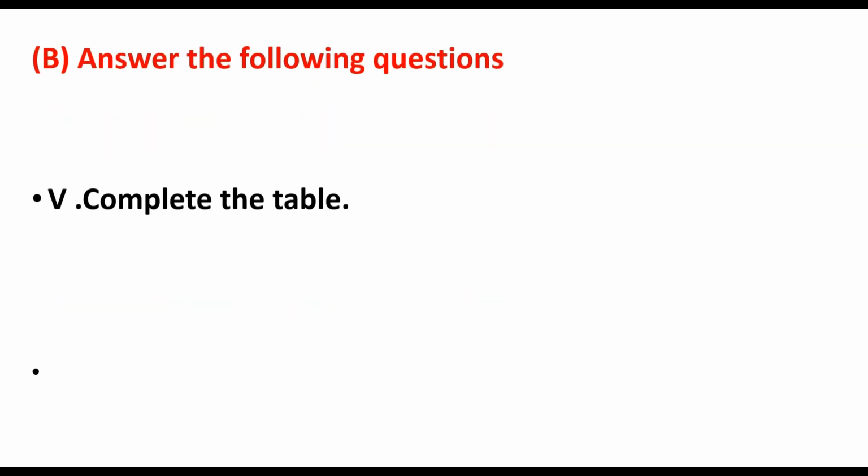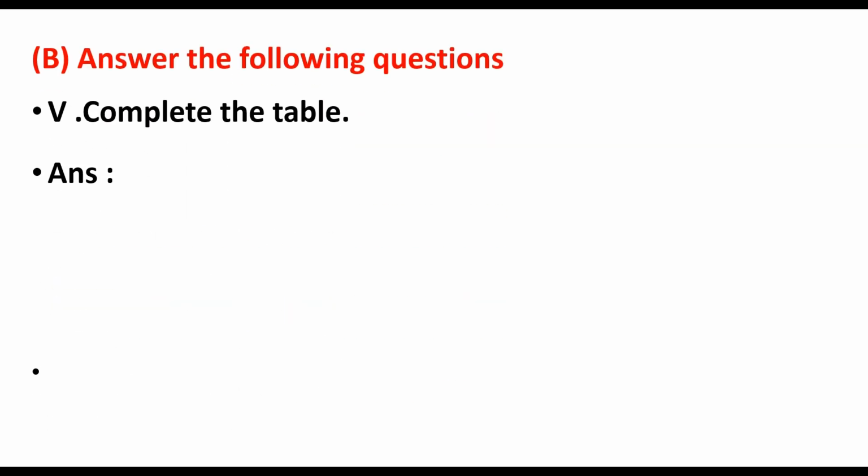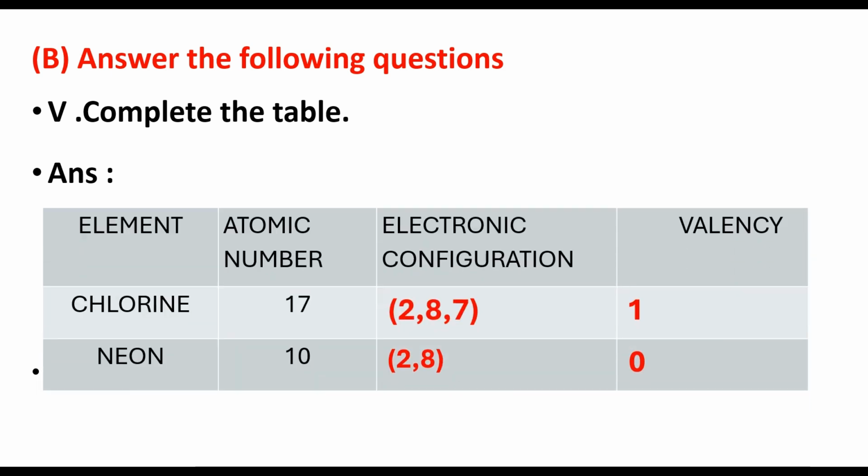Now coming to the fifth question of question 1b. This table is provided to you and you have to complete the table. Especially the red colored part is shown there, it is the incomplete part. So I fill that part here. The element is chlorine whose atomic number is 17, then they tell us to fill the electronic configuration. So it is 2, 8, 7, which totals 17, and neon is 10, that is 2, 8.